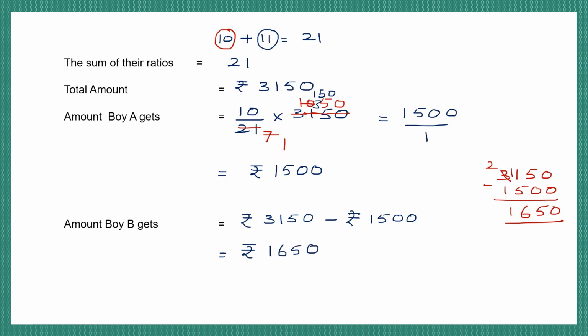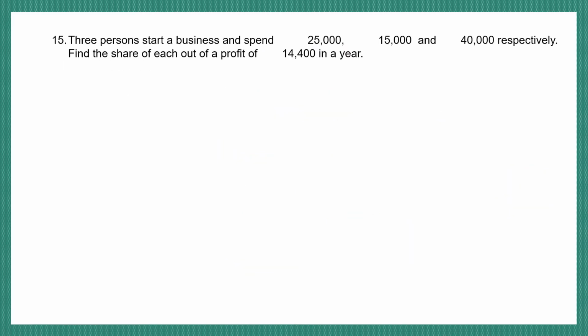Now you can check your answers. How can you check? You can add up the amount the boy A gets and boy B gets. When you add it up, you must get the total amount. Okay, so we have found our answers. Amount boy A gets is 1500 and amount boy B gets is 1650.